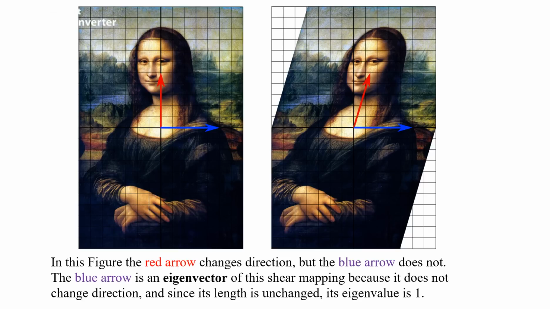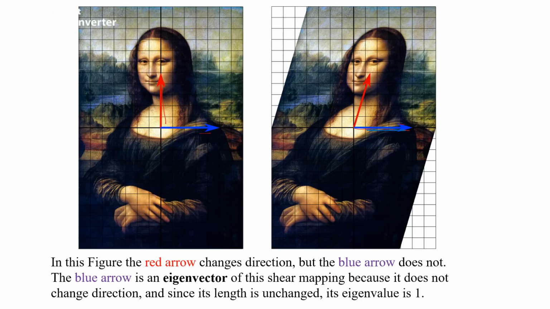In another example, this is a picture. In that figure, you see the red arrow and the blue arrow. In the same picture, if it is just tilted, the blue arrow does not change direction.